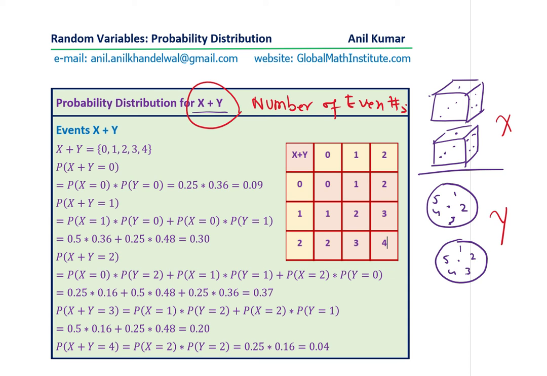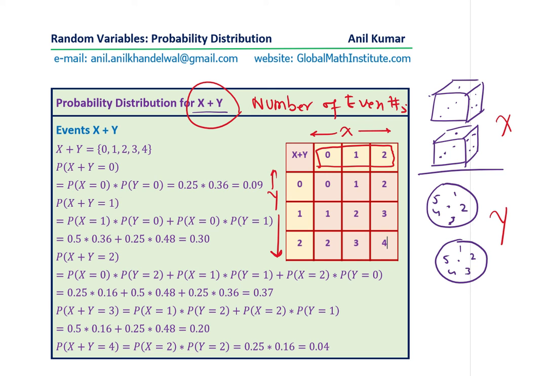Now we know clearly that if I take the event x, we have the possibility of 0, 1, and 2 even numbers, right? So this is for x. And for y also, we have a possibility of getting 0 even numbers, 1 even number, or 2 even numbers.